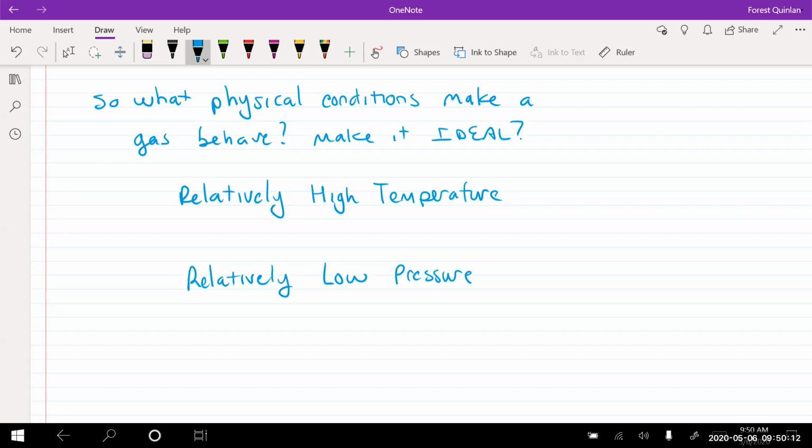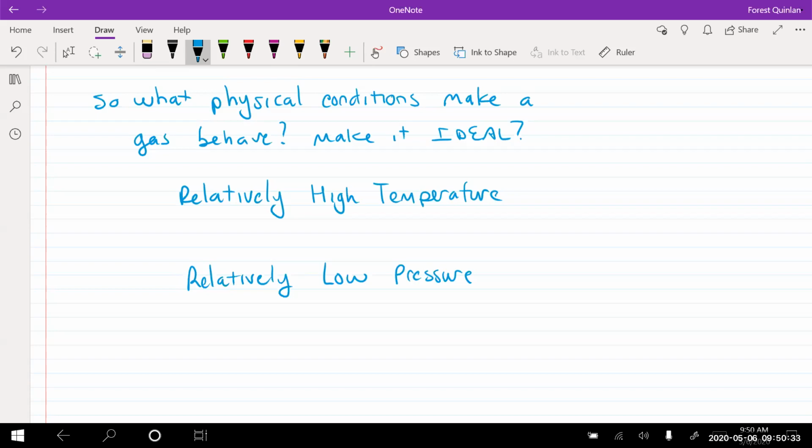Those are all floating around right now because room temperature, as we're sitting here, is relatively high for them. They can get pretty darn cold before they actually stop behaving ideally. Carbon dioxide can get pretty cold before it starts not behaving like we want it to.